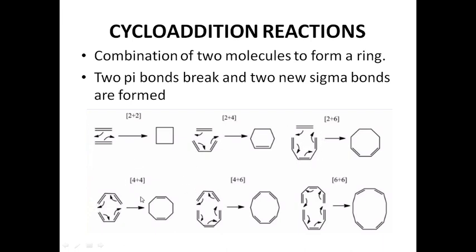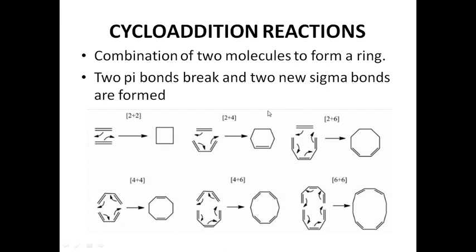Here it is 4 plus 4, 4 plus 6 and 6 plus 6. Consequently, you will tell that it is a cycloaddition reaction by writing them in parentheses, and in parentheses you are going to mention the number of electrons which are involved.